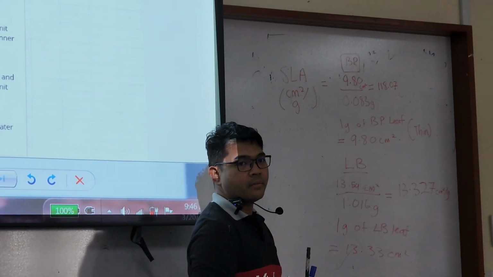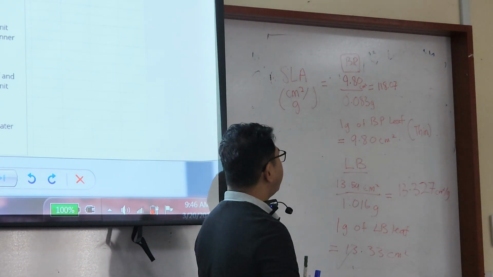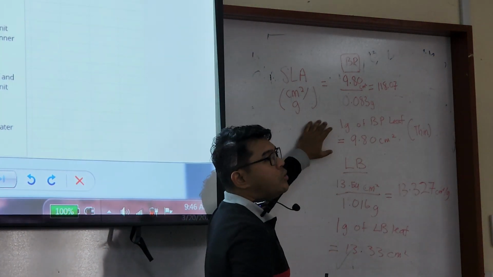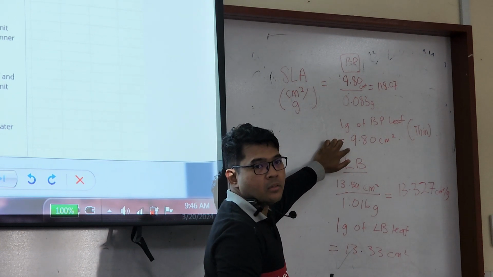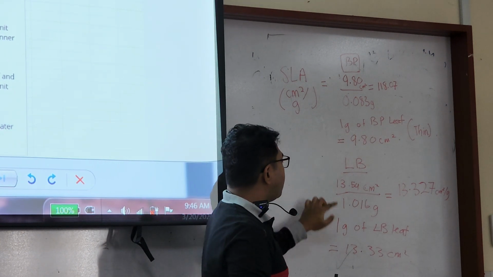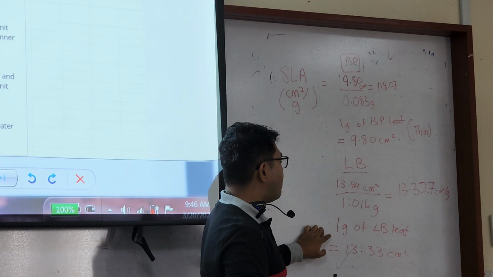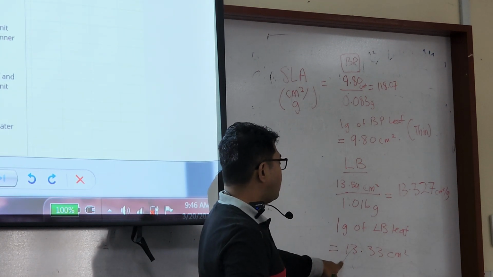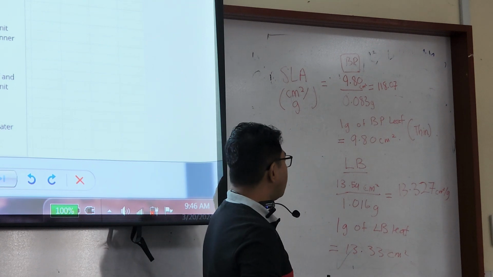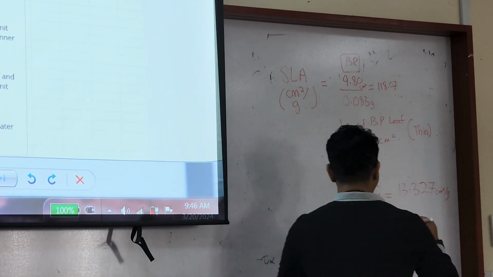Is that correct? Betul. 1 gram bunga telang, you get 9.8 square centimeter. Untuk lemon balm, 1 gram of it, you get 13.33. So that is to show this is thin or thick.